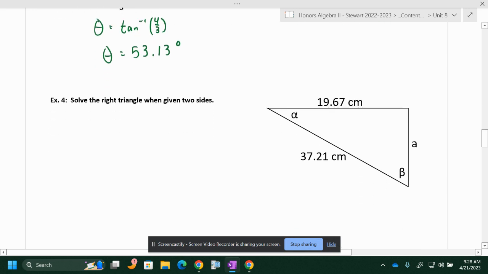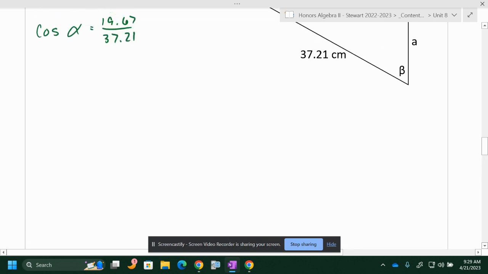So here I'm given 2 sides, and I'm not given any of the angles, so I'm going to have to use that inverse. I'm going to start with my alpha. I'm going to go with cosine of alpha is equal to 19.67 over 37.21.